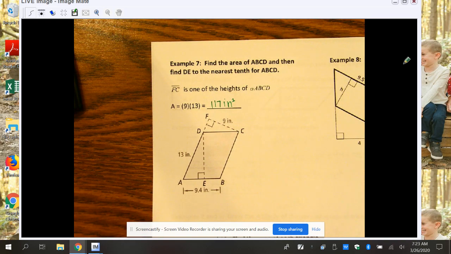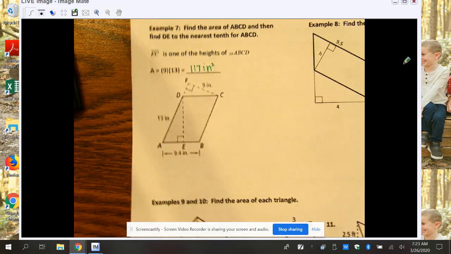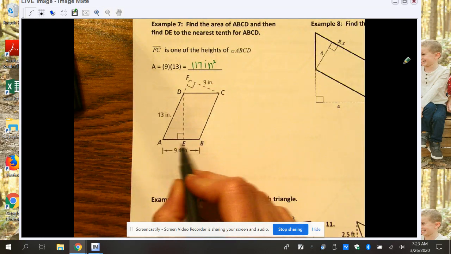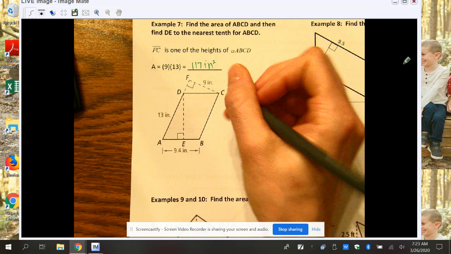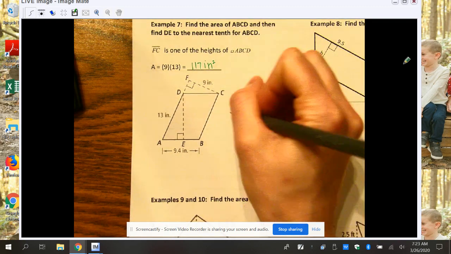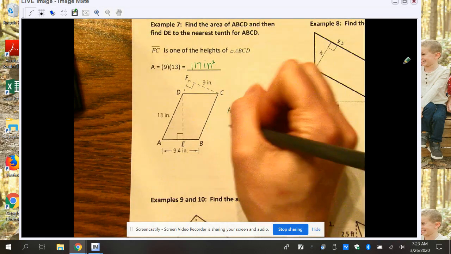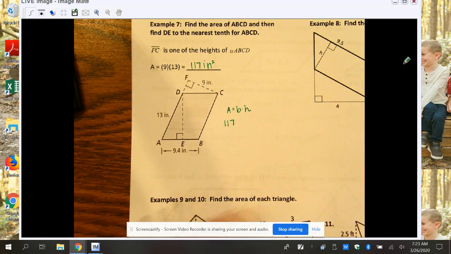So now if I want to find this other height, the longer one, using the shorter base, I can do just what I did on the front. So again, I know the area is the base times the height. So the area of the parallelogram is always still going to be 117 inches squared. It doesn't matter what parts you're using.